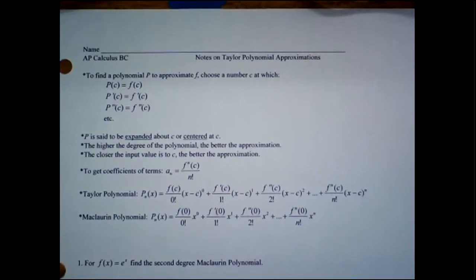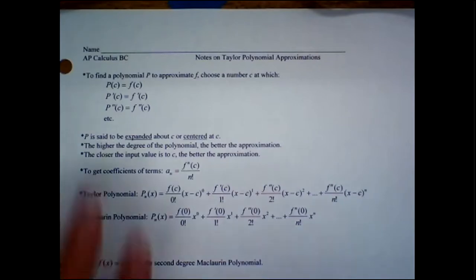All they would give you is a table, x, f of x, f prime, because they want you to be able to analyze it. But again, the idea is you're writing a polynomial that's an approximation. Instead of something linear, it's going to be a polynomial. So you can read through all of that.